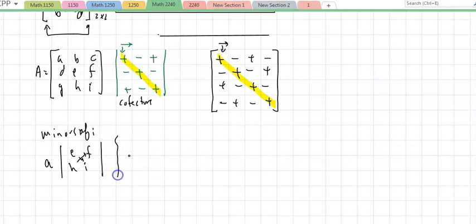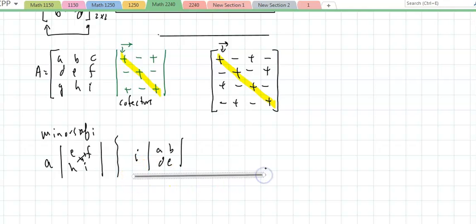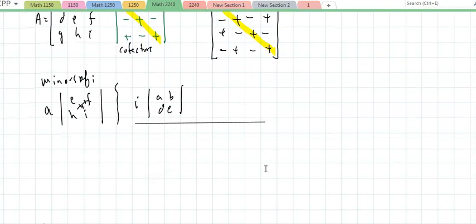If you wanted to pick I, you cross out I's row and column, and that reduces it. You start reducing until you come all the way down to a 2 by 2. 3 by 3 has a shortcut. I'll show you that. So let's talk about a couple of examples and get those out of the way.